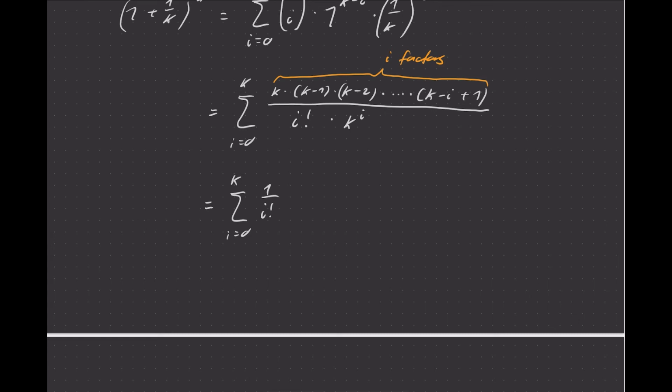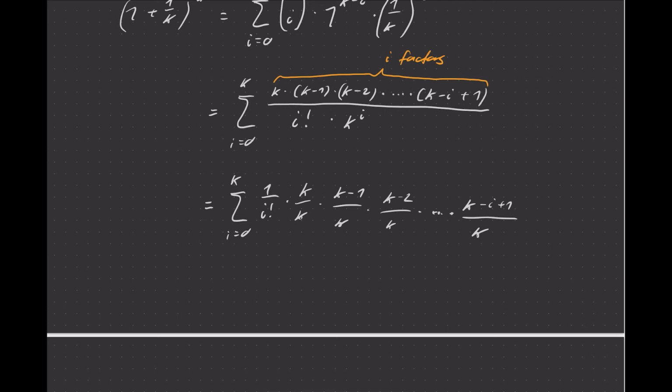So each one of those goes with one of these factors here. That means we can just write this as times k over k times k minus 1 over k times k minus 2 over k, and so on up to k minus I plus 1 over k.